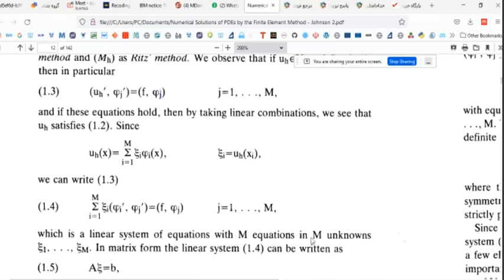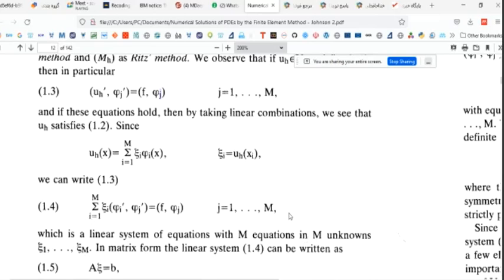So in this case, 1.4 is a linear system of equations with n equations in n unknowns, ξ1 to ξn.